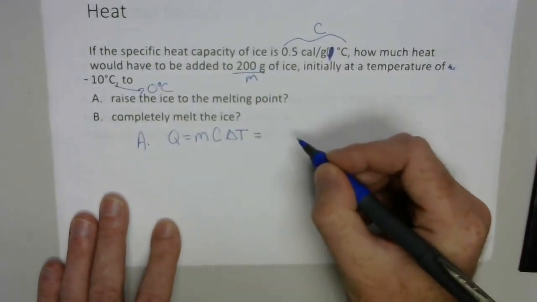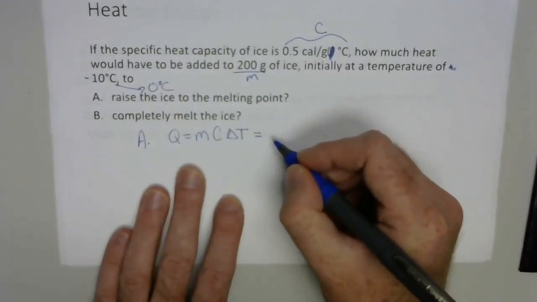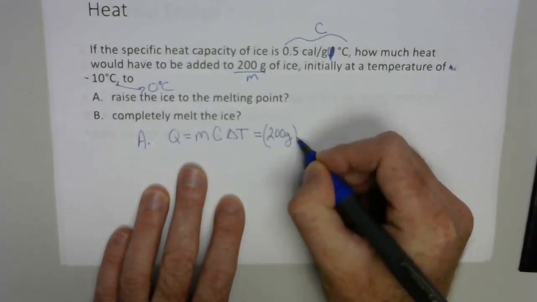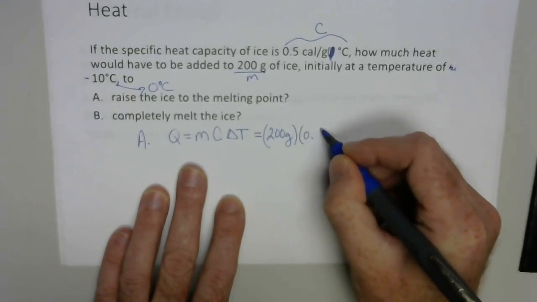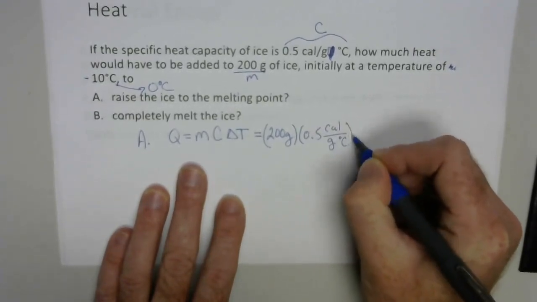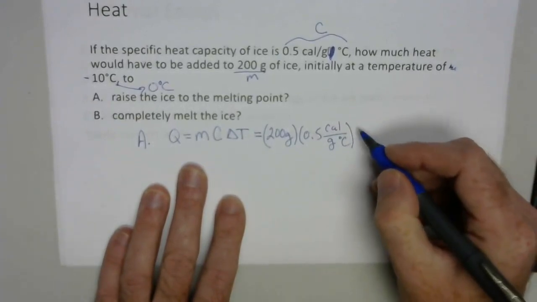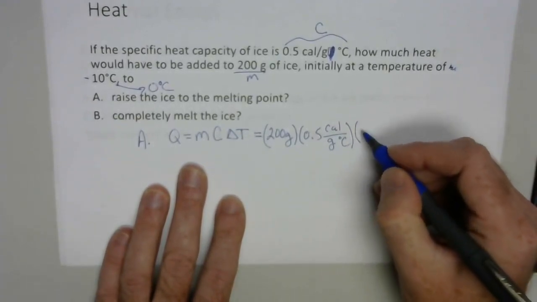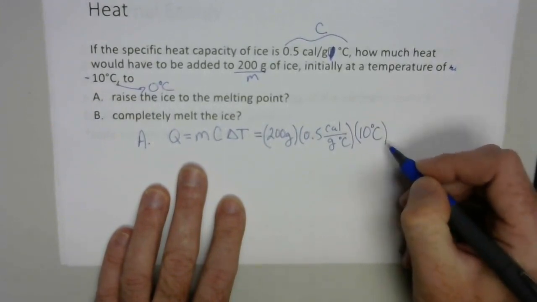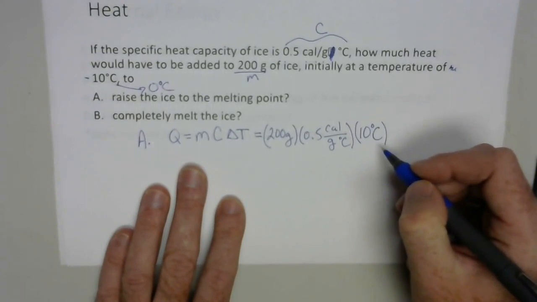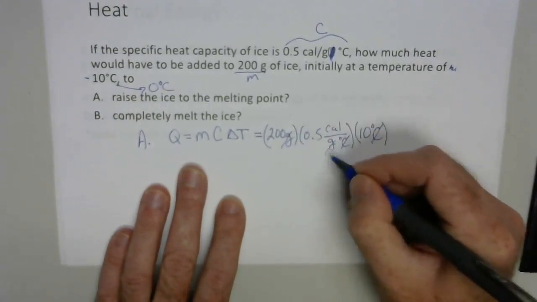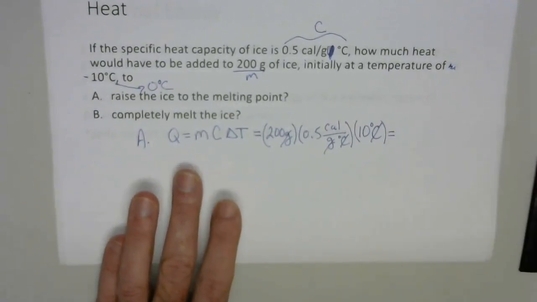So Q is equal to 200 grams times the 0.5 calories per gram degree Celsius. And then we had to raise the temperature 10 degrees, so it's 10 degrees Celsius. So the degrees Celsius cancel, the grams cancel, and we're left with calories.